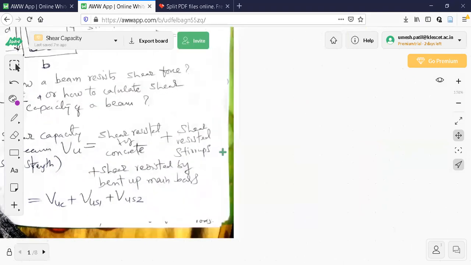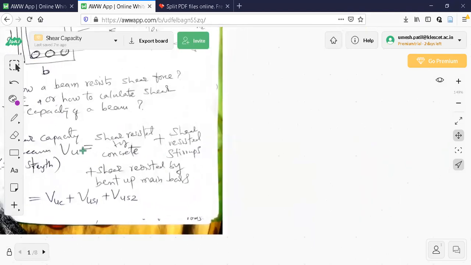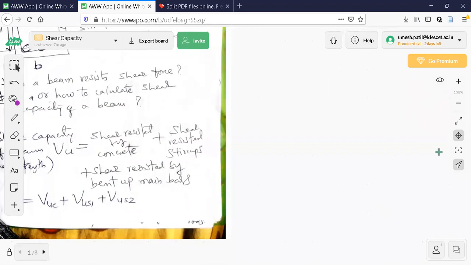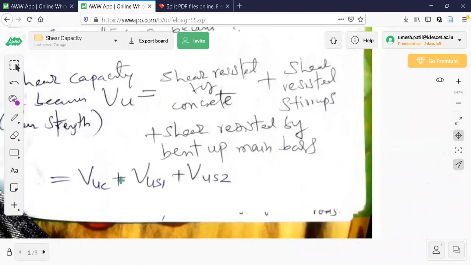Now observe here. As per this formula, there are three parameters. We have to calculate these three and add them, then compare this value with the maximum shear force. This value has to be more than the maximum shear force. In terms of notations, shear resisted by concrete is VUC. How to calculate that? Using Table 19, I will explain.